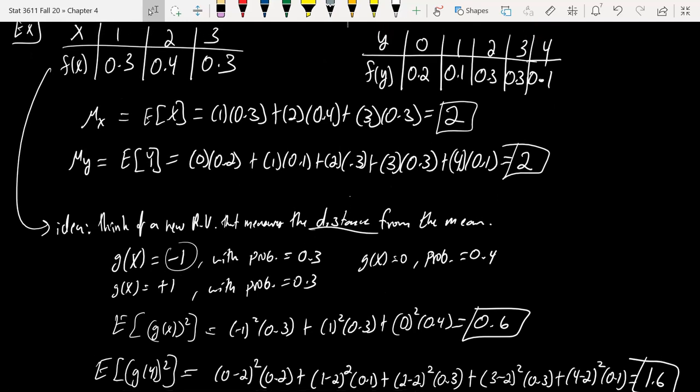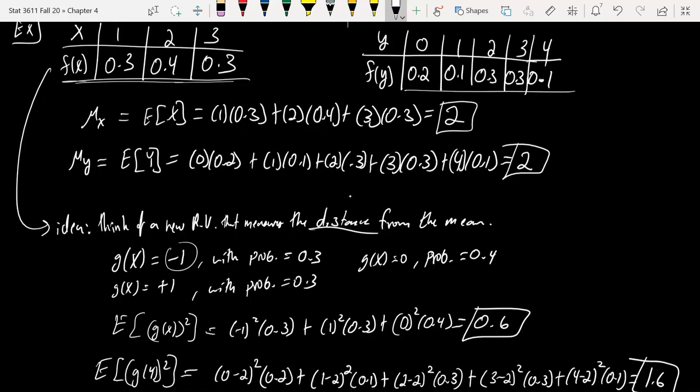Y goes from 0 to 4, with positive probabilities all across the board. X only goes from 1 to 3. So the most I could be away in my x distribution is 1 unit away. I could be as much as 2 units away with y, so it is more spread out and has a higher squared distance.